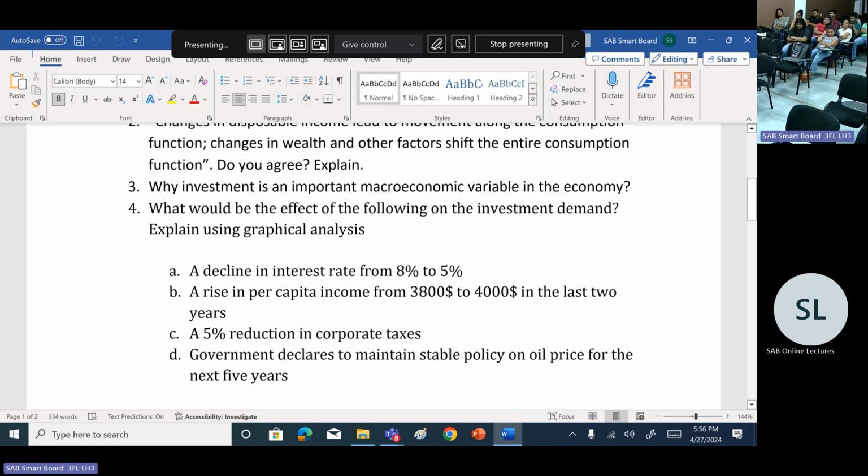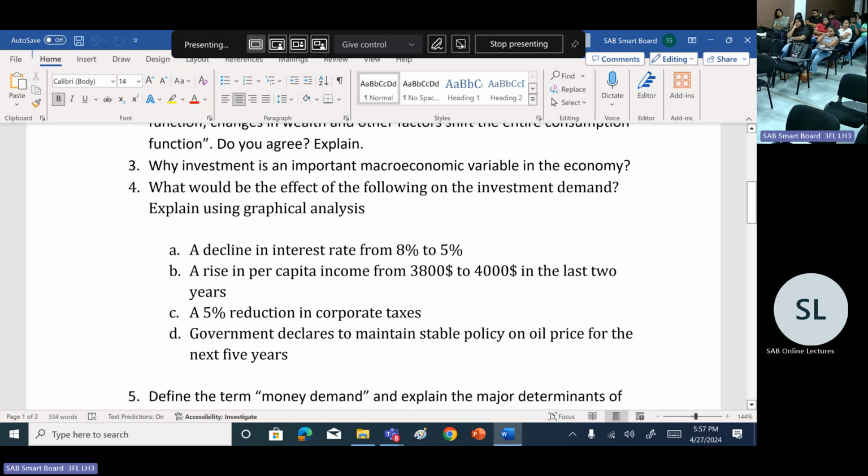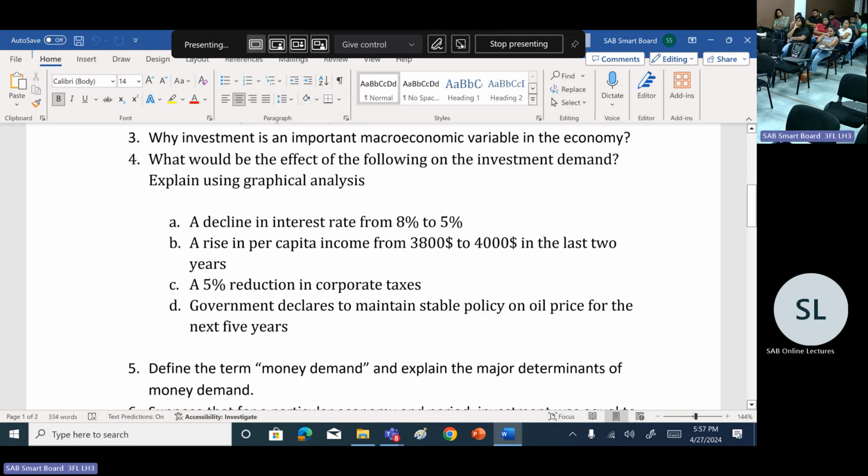This also says the investment function, which explains the relationship between the interest rate and the investment. If there is a decline in the interest rate, it is a movement along the curve. If there is a change in income taxes, it takes the investment curve to the left.